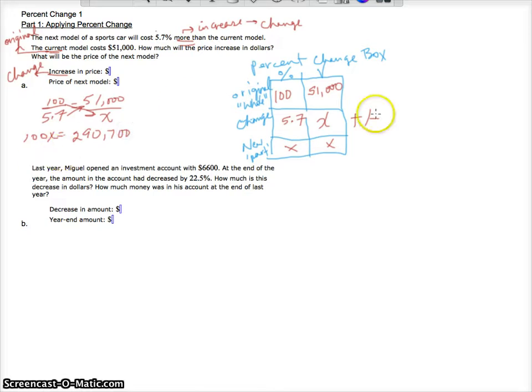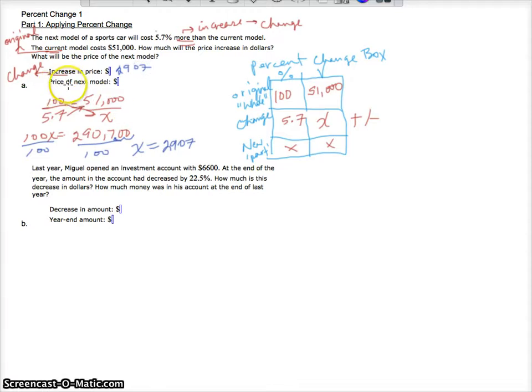Now I'm going to divide both sides by 100, which means that I move my decimal down 2 spaces. So x equals 2,907. This is going to be my increase in price.